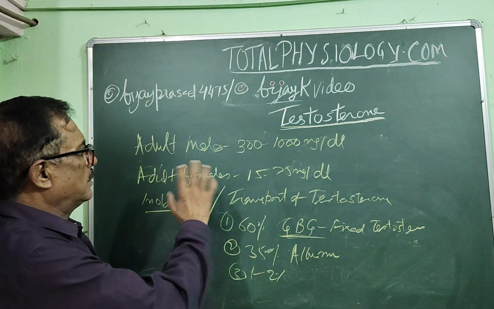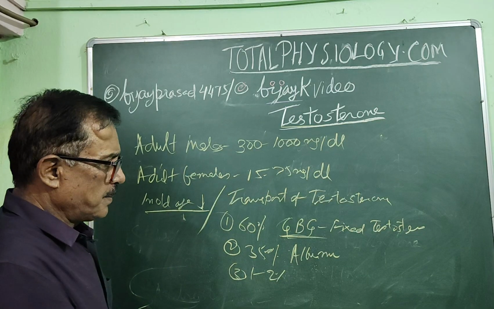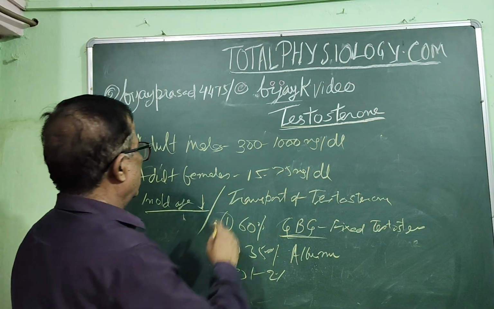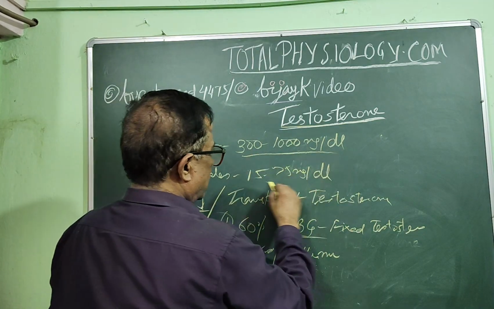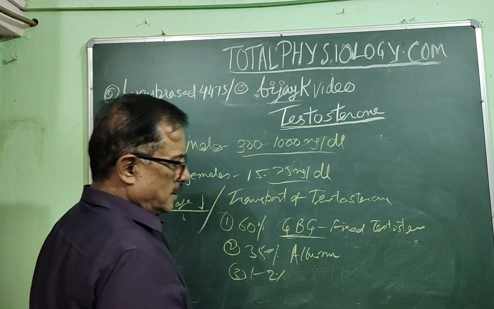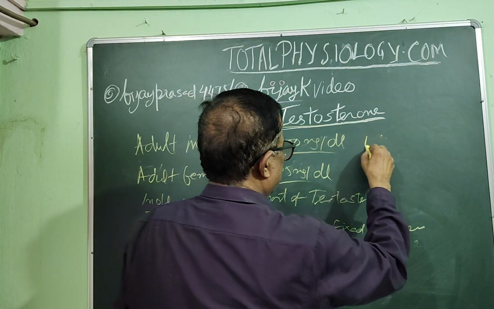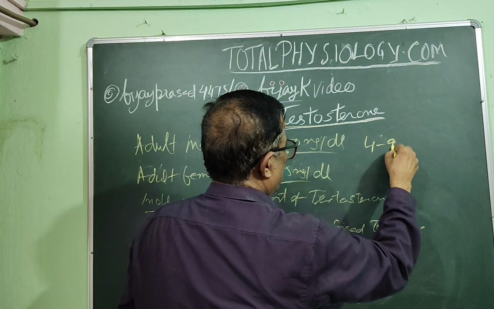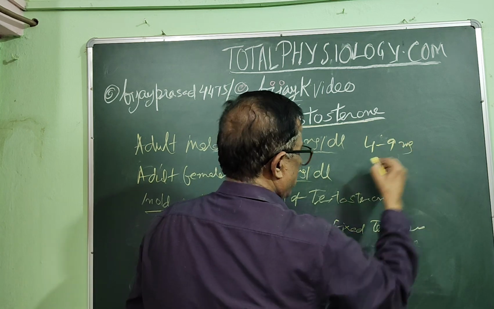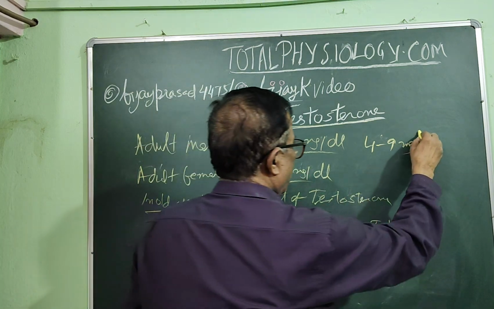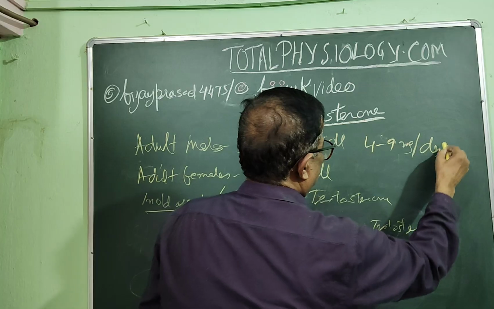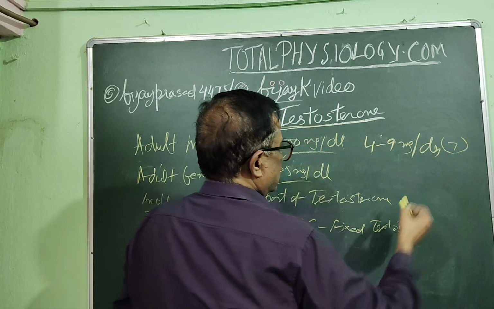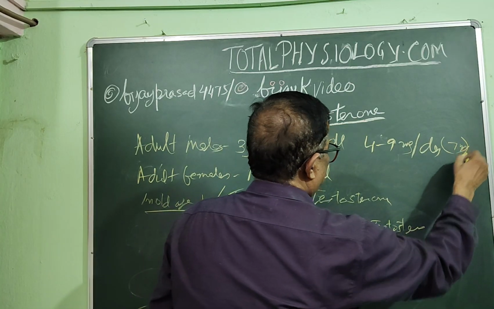Daily secretion in males is 4 to 9 milligram per day, and the average is 7 milligram per day.